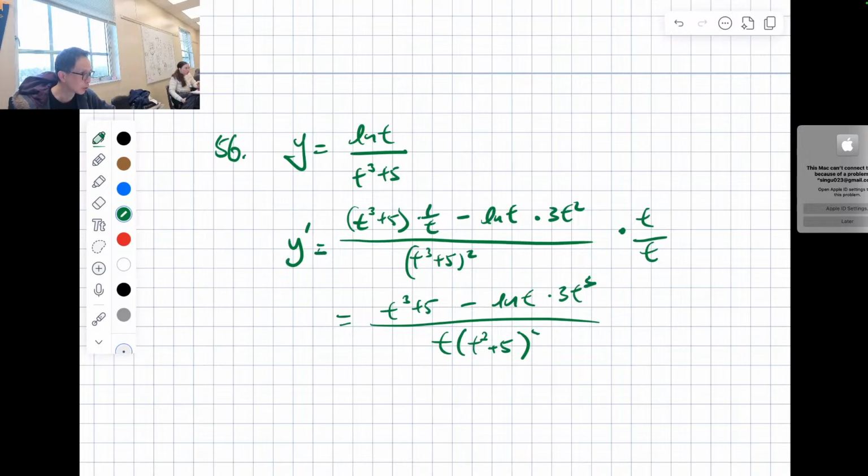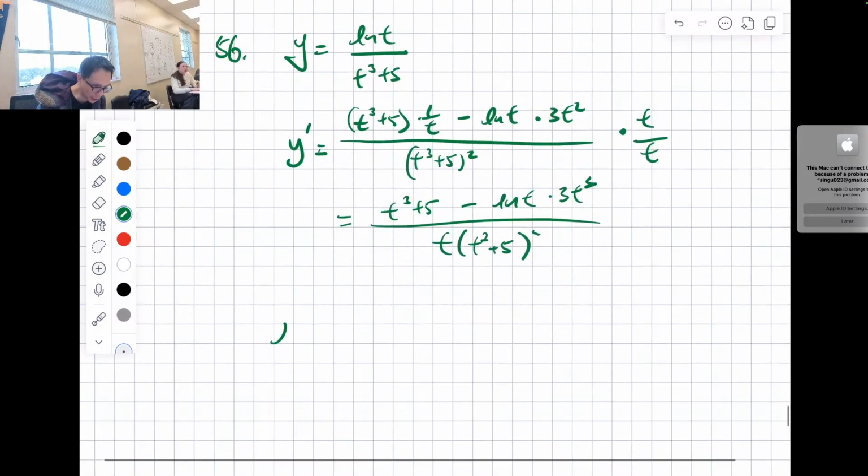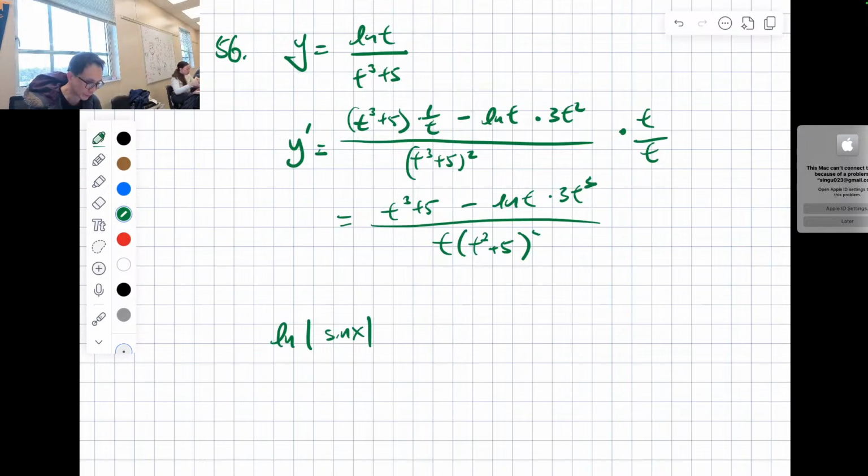Yes. Trick one. Just treat it as a parenthesis. So for example, natural log of sine of x, that would be u, right? So that just say natural log of sine of x like this. What's the point of absolute value? Because you cannot take the natural log of negative numbers.